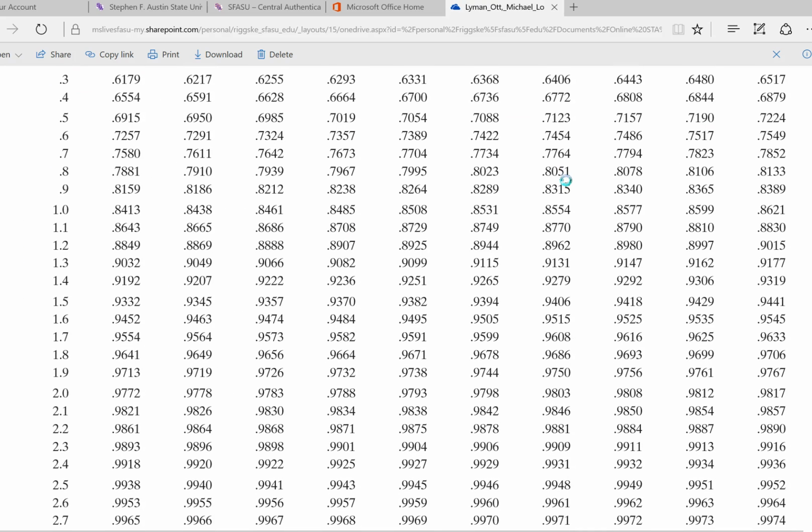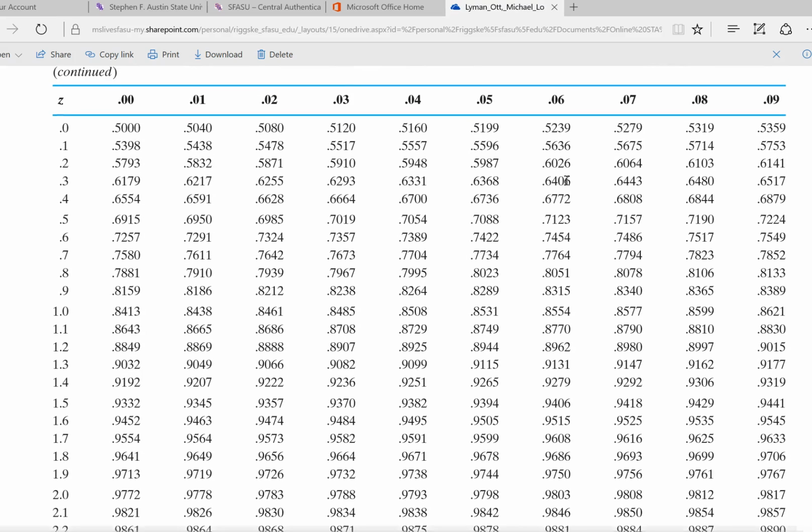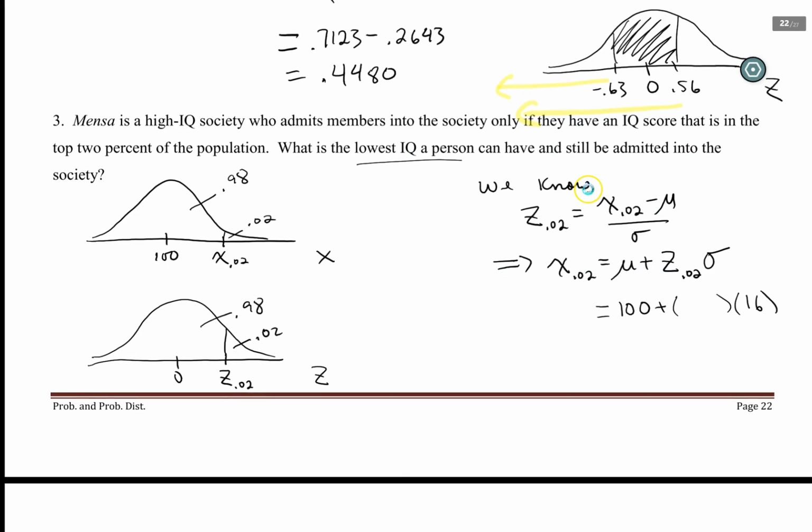In the body of the chart, 0.9798 is the closest I can get. That is a z-score of 2.05. So I'm going to plug in 2.05 there.